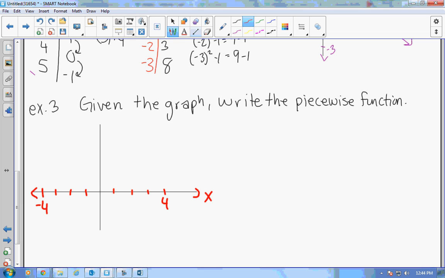Jeff? On the y-axis, go up to 8. So you're going to have to do it small if you drew it like mine. 1, 2, 3, 4. Maybe not that small. 5, 6, 7, 8.